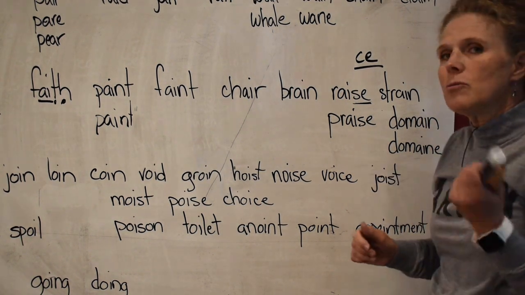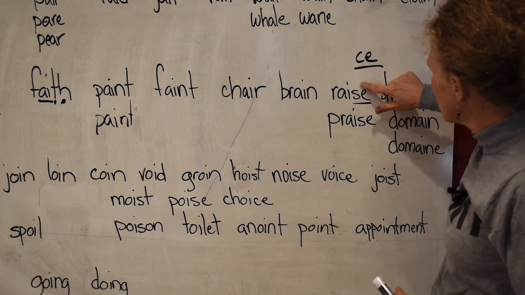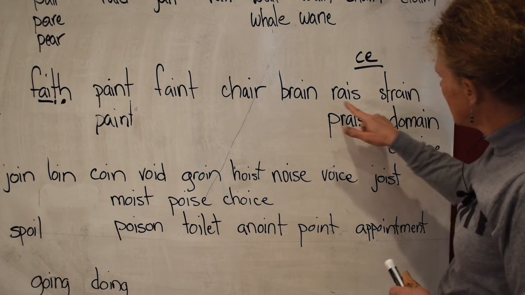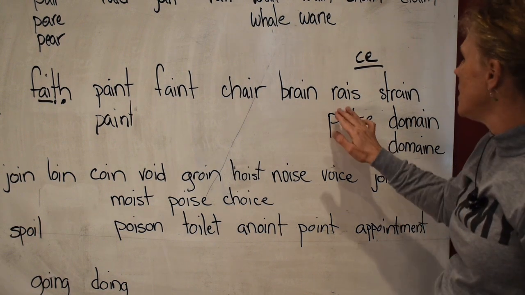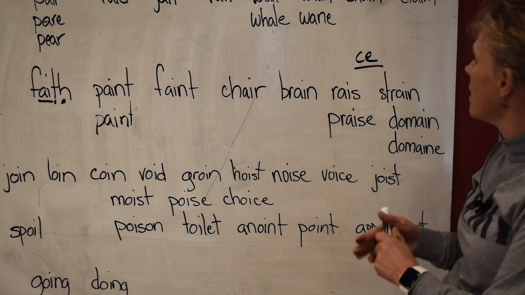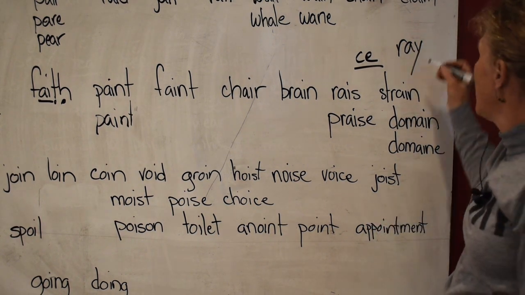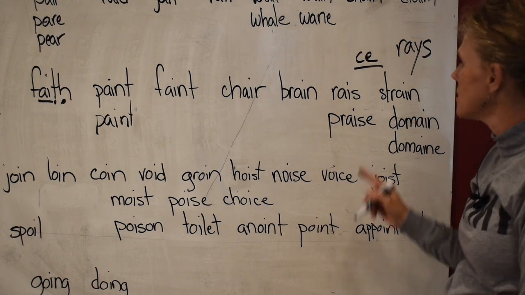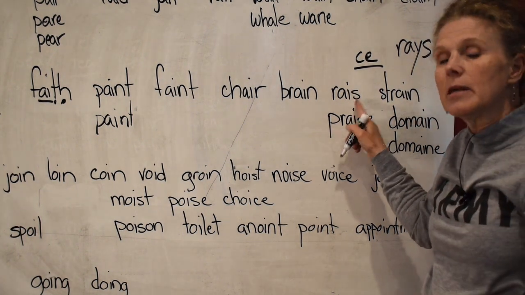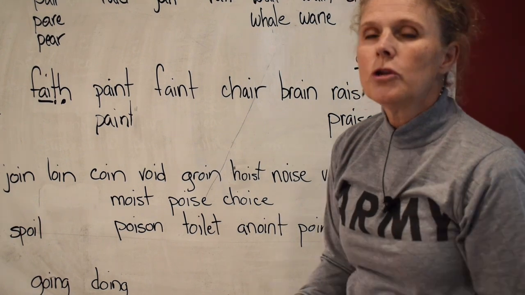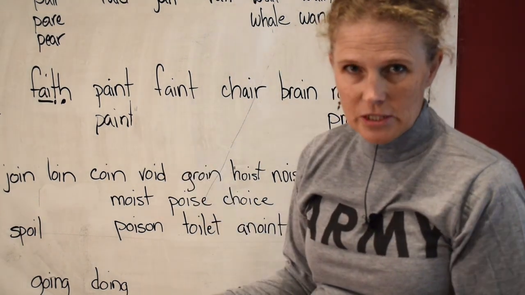This forces it. So we can't spell raise like this, because that would mean it's more than one ray. But that's how we spell ray, and then we add on our plural S. An S at the end means it's plural. You are adding a suffix to your word.